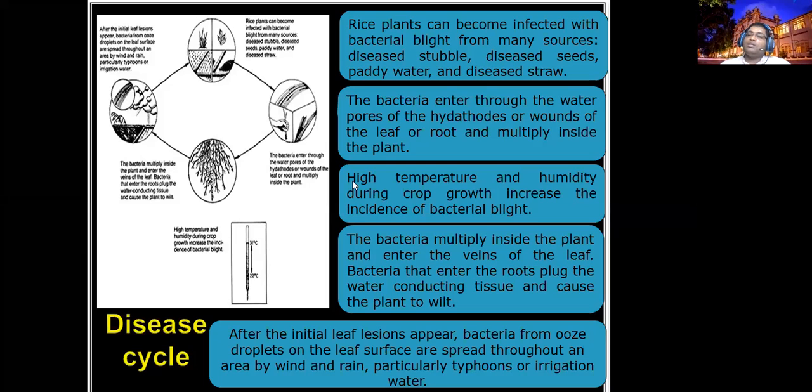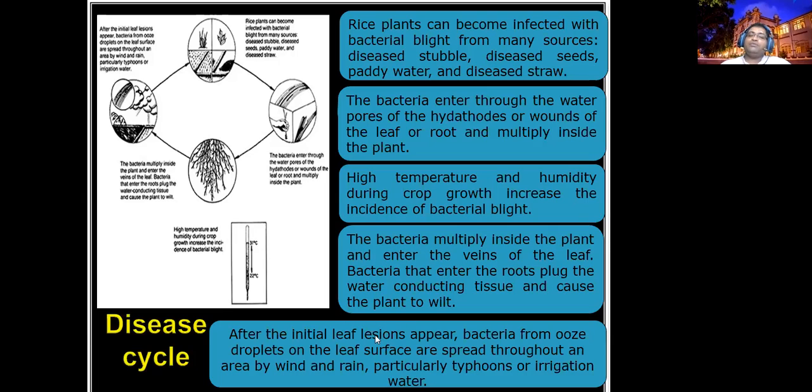In high temperature and humid conditions, the bacteria multiply very quickly and plug the water conducting cells. As I told you, they go inside the xylem and block the xylem vessel. If the xylem vessel is blocked, those areas will wilt, and the blocked part will dry off.